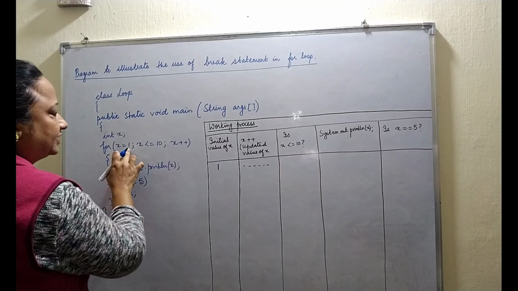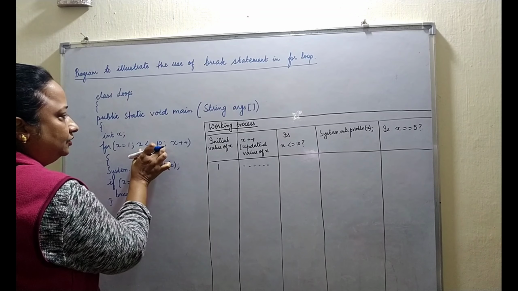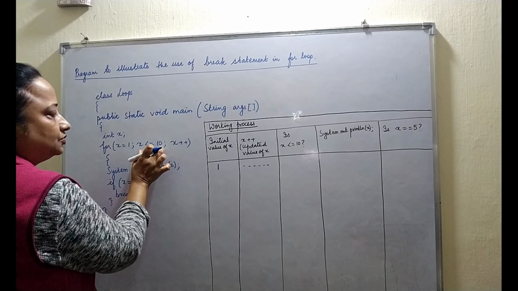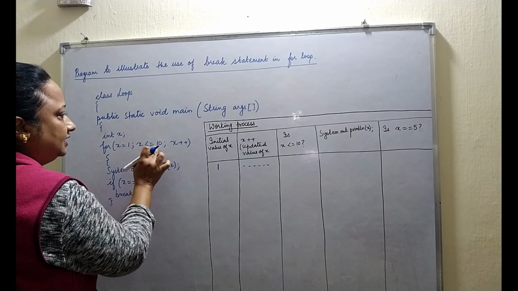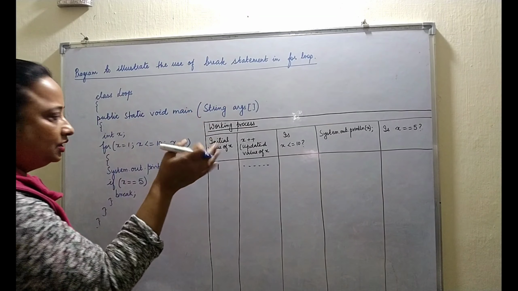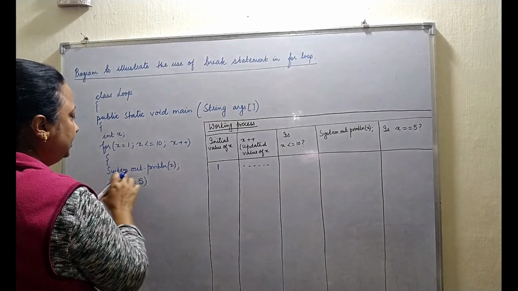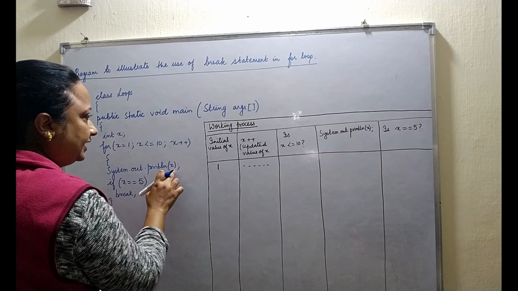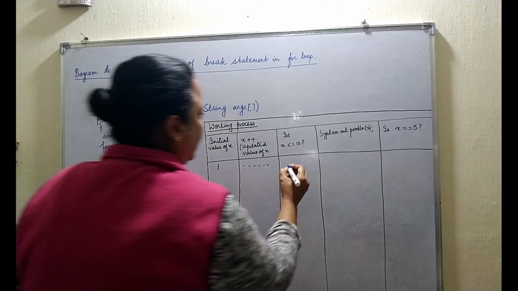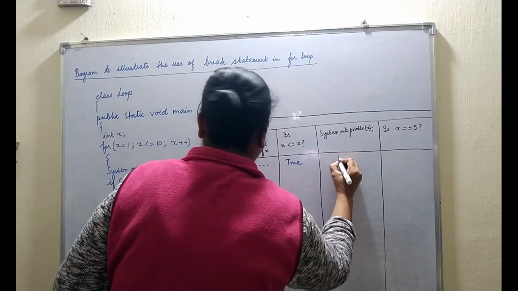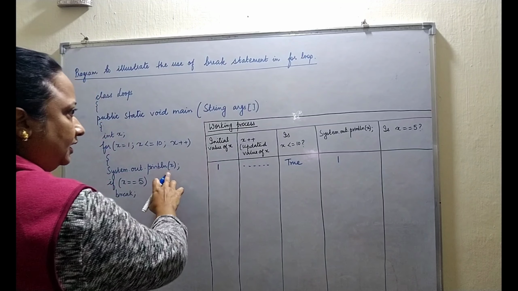Now the value of x is compared to check whether it is less than or equal to 10. 1 is less than or equal to 10, so it is true and the control moves inside the loop body. System.out.println x prints the value of x, which is 1.